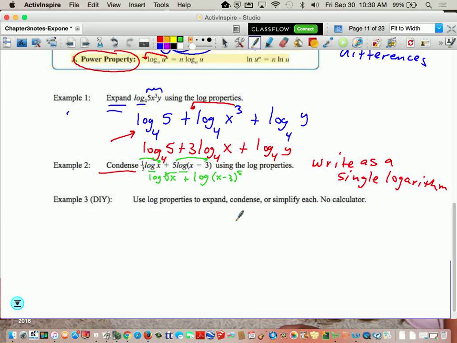But because I'm adding these two things together, I can write one logarithm and then just write the two things next to each other. So I can do the cube root of x with the parentheses x minus 3 to the 5th. Now to make sure somebody's reading it properly, you might even go as far as to put this all inside that one logarithm. And so that would be done.